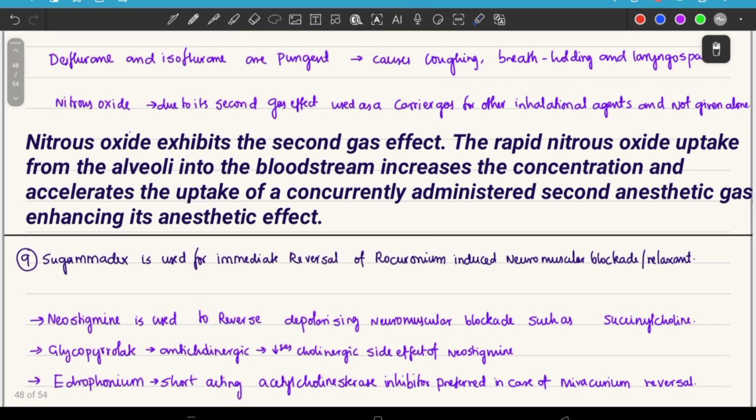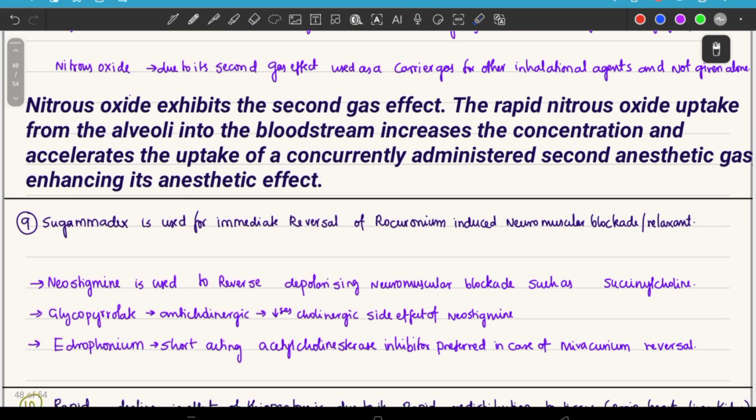When you administer the anesthetic agent along with nitrous oxide, the nitrous oxide has an ability to rapidly diffuse. It will not diffuse alone, it will take the other volatile anesthetic agent along with it, hence it increases the second gas effect. Nitrous oxide accelerates the uptake of the second gas and enhances its anesthetic effect.